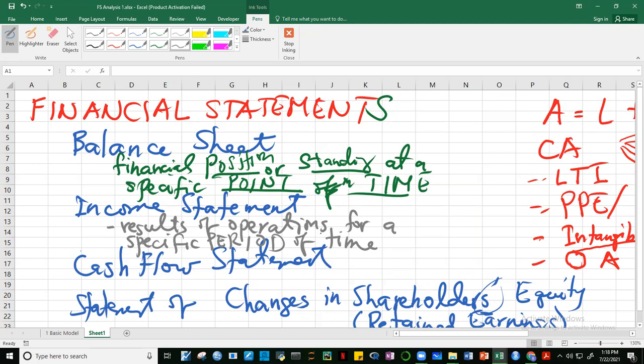It can be 1 year, 1 month, 1 week, depende dun sa frequency ng paggawa ng company ng FS. Pero pag 1 year, tapos nakita natin year ended, for the year ended December 31, anong year ang ginagamit ng company? Nasabi ko na yung answer. Pag ending December 31, the company makes use of the calendar year.